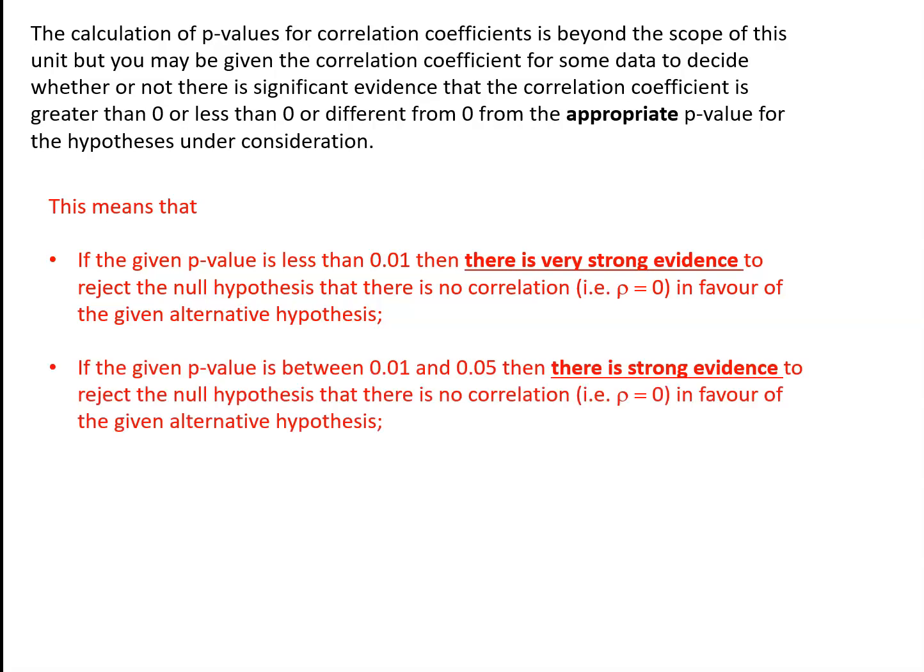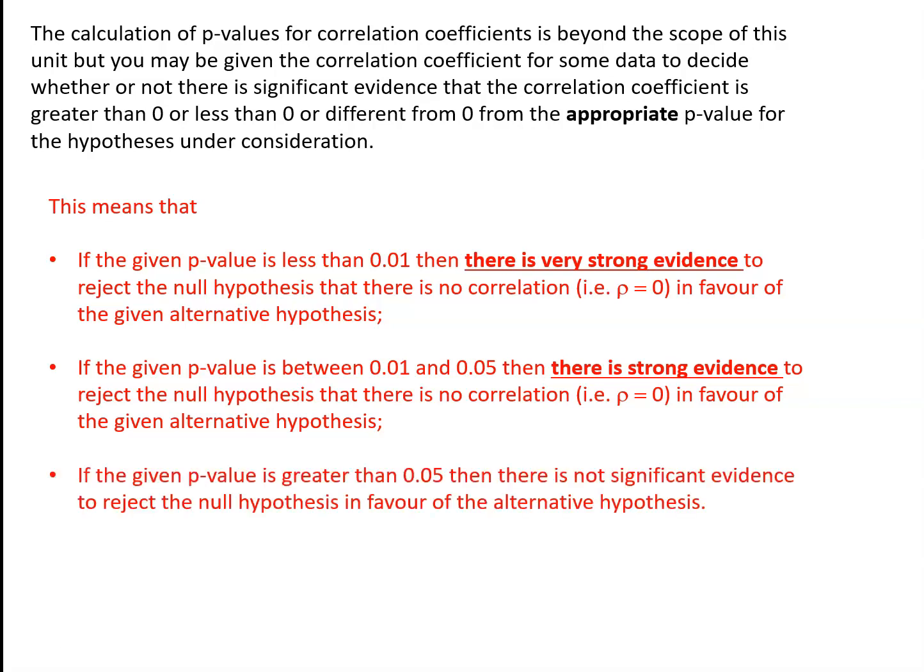If the given p-value is between 0.01 and 0.05, then there is strong evidence to reject the null hypothesis that there is no correlation in favour of the given alternative hypothesis. But if the given p-value is greater than 0.05, then the data does not give significant evidence to reject the null hypothesis that ρ equals 0.